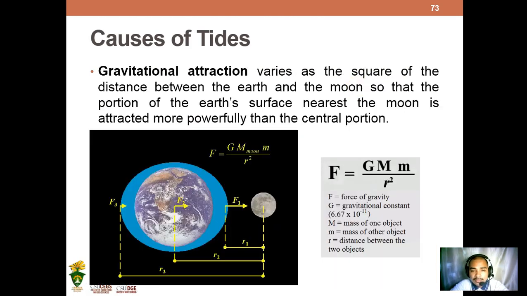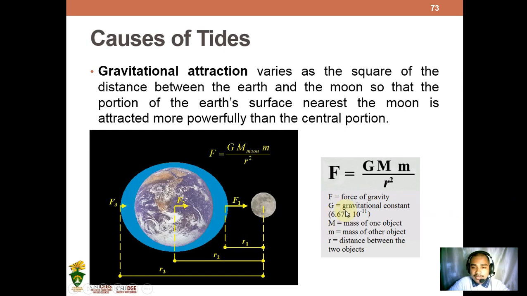Let's recall this formula. The gravitational attraction varies as the square of the distance between the earth and the moon, so that the portion of the earth's surface nearest to the moon is attracted more powerfully than the central portion.